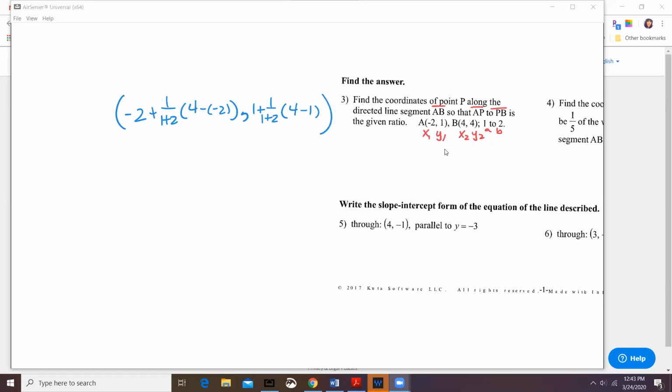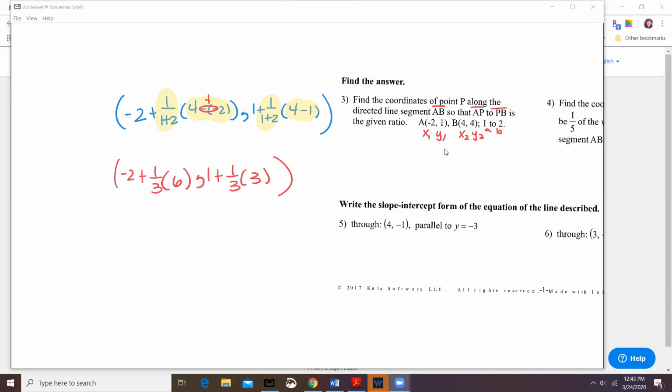All right, so then order of operations says that we're going to do this part first, this part, and that part. That's like a bunch of parts. Okay, so we have -2 plus 1/3 of 6, because this is 4 plus 2, which is 6, and then 1 plus 1/3 of 3.